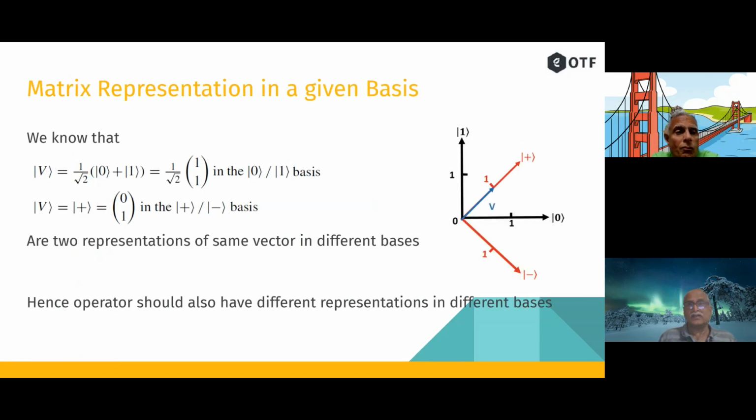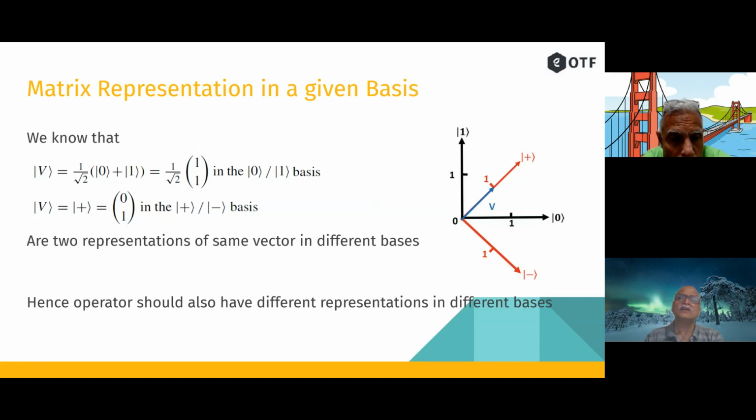Coming down to the matrix form of representation in any type of basis, we already know one very simple fact. Give me a vector in one space, and it is also very much possible for me to represent that particular vector in a totally different space.